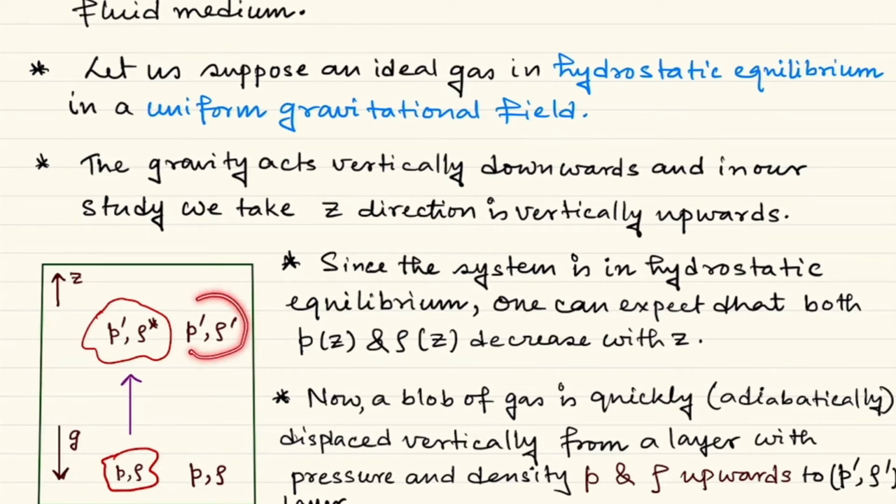So this layer had a pressure and density P prime and rho prime, and because this mass is adiabatically displaced, it will also have some adiabatic thermodynamic change. Due to that change, the blob is now a foreign entity in this layer. This blob will have a pressure and density which we can call P star and rho star. Here I have written P prime, I will explain this.